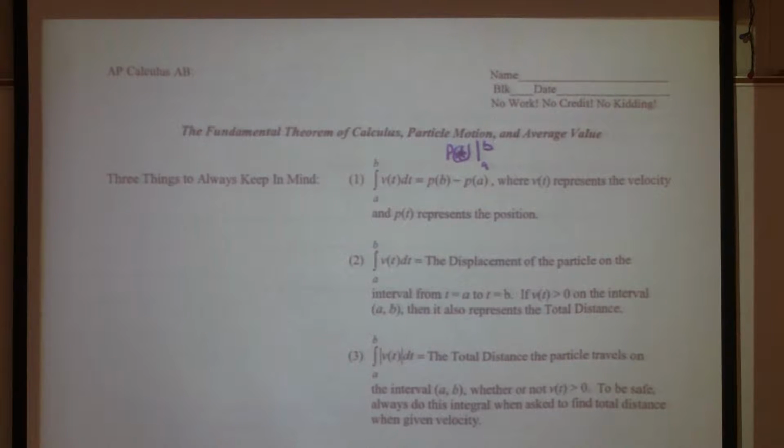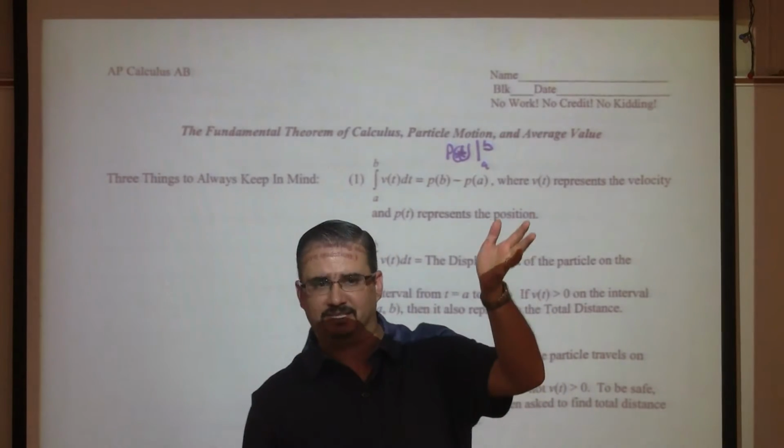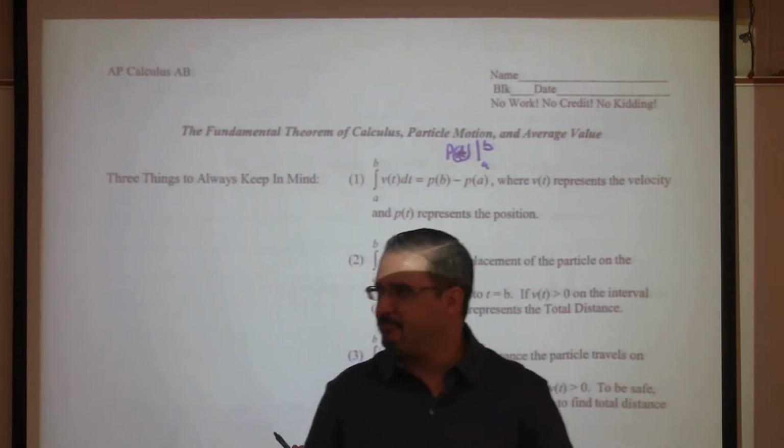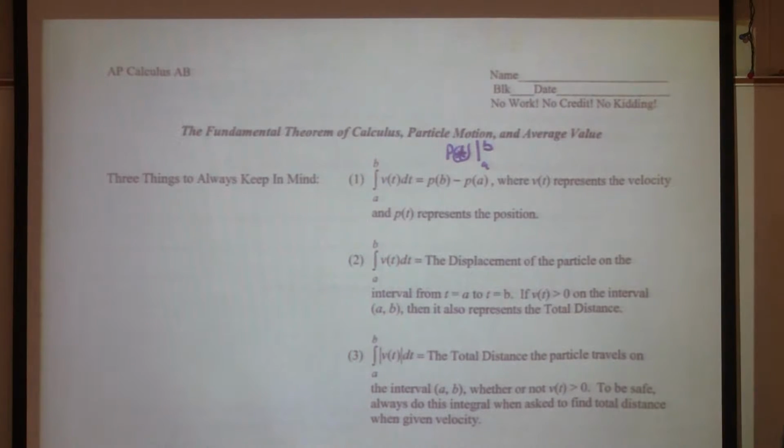Or if I had F prime there, its antiderivative would be F, right? If I had F double prime, its antiderivative would be F prime. Those were the way we presented the problems before we left for spring break, right? Okay, now we're gonna try to relate them to particle motion.